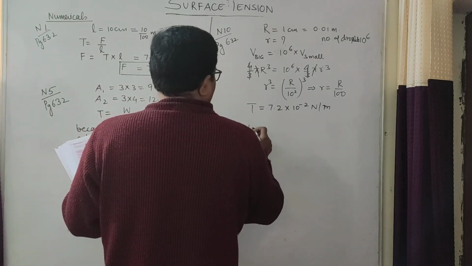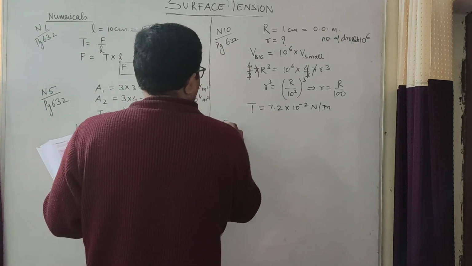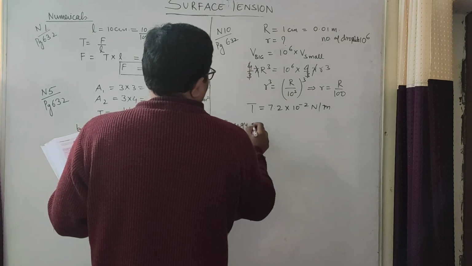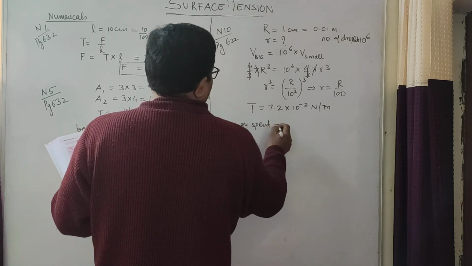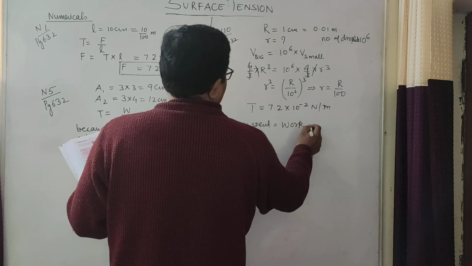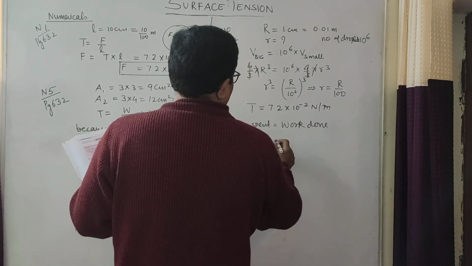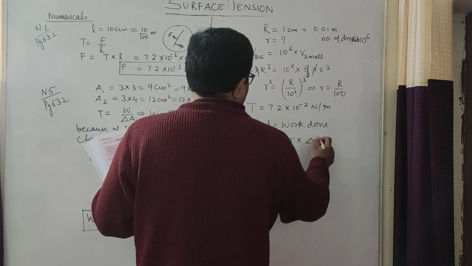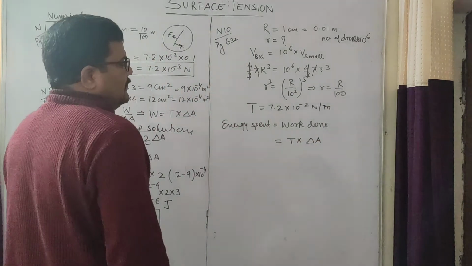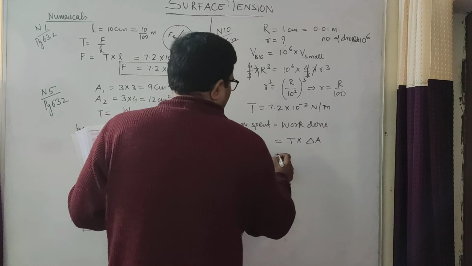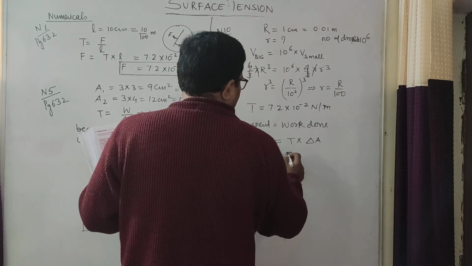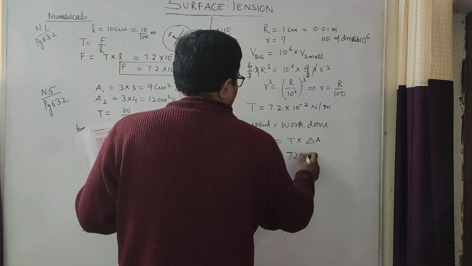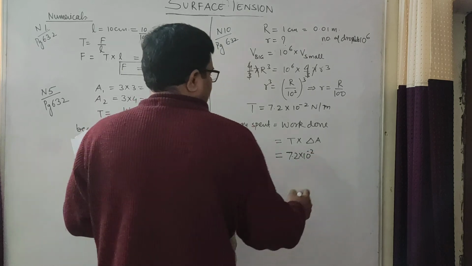The energy spent is equal to the work done for this process, which is surface tension into change in area. It is water, so there is no double change in area. Surface tension is given, 7.2 into 10 to the power minus 2.